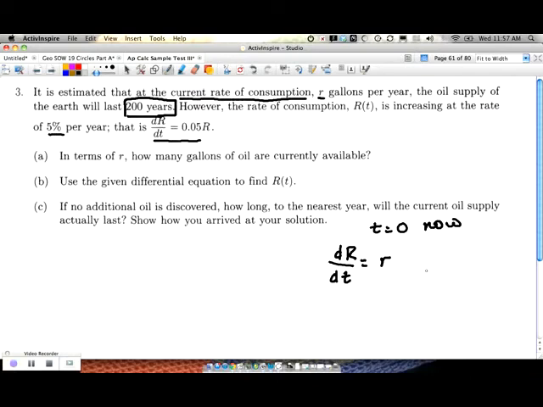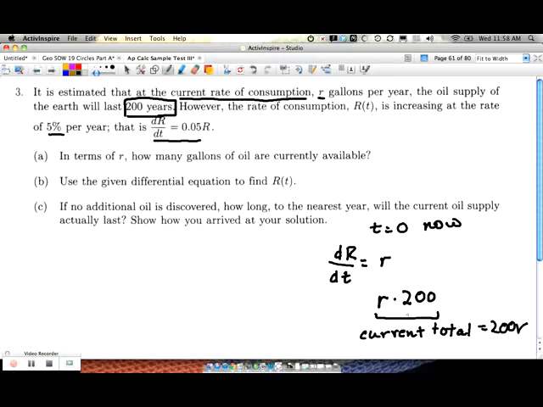So R times 200 is the amount that we'd use in 200 years. So that's how much we have left. We have, right now, the current total is 200R, because 200 years times what we have now is all that we have left.